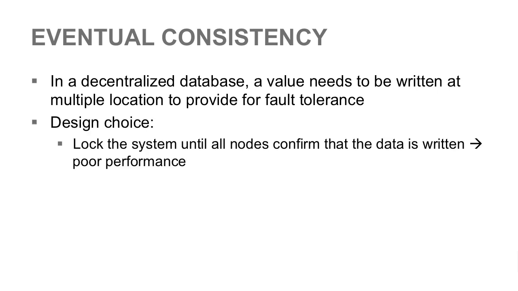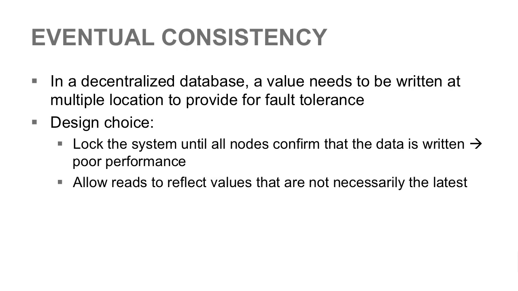One choice is to lock the whole system until all nodes confirm that the data is written. We will be locking a set of machines in a distributed environment. We are going to have a rather poor performance that will not be acceptable to our users. The common choice is to allow reads to reflect values that are not necessarily the latest.